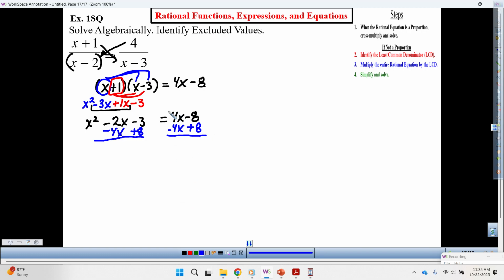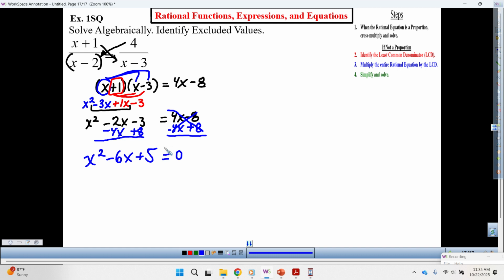So this side cancels. So we're left with 0. Look at this side. X squared. Negative 2x and negative 4x, that's negative 6x. And then we got 8 minus 3, that's positive 5.